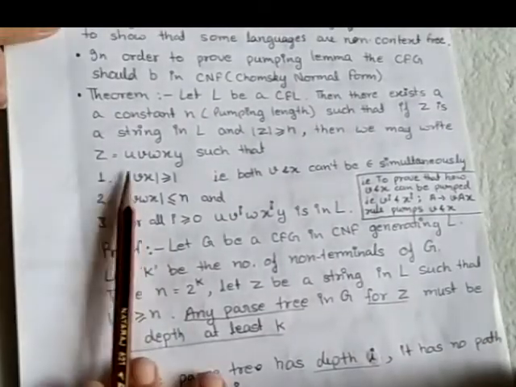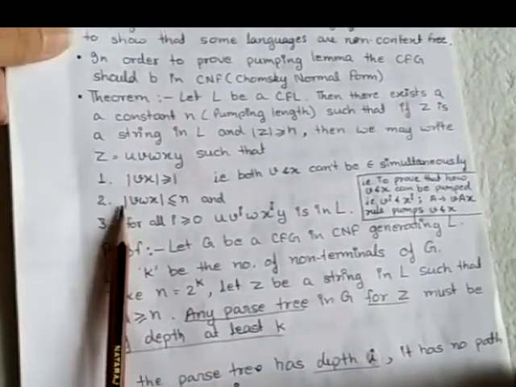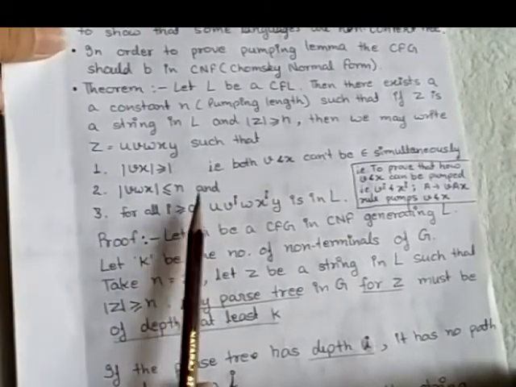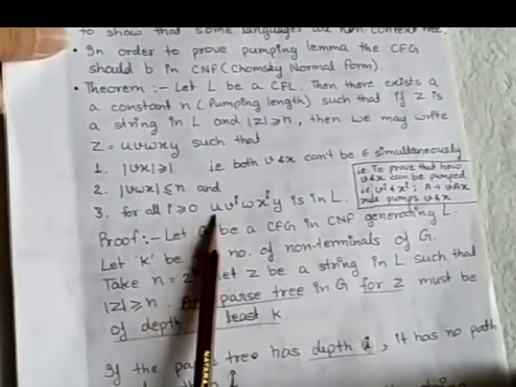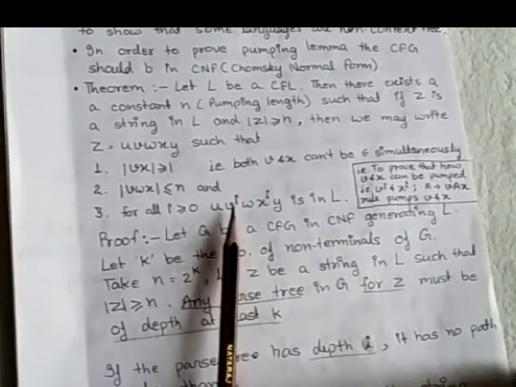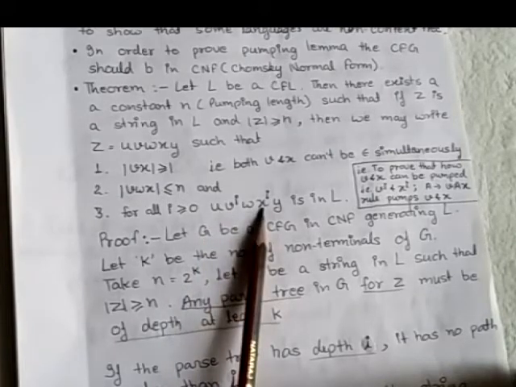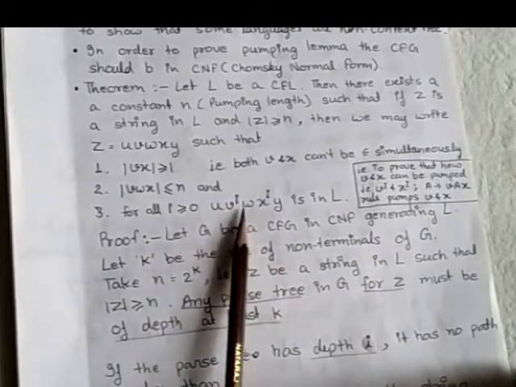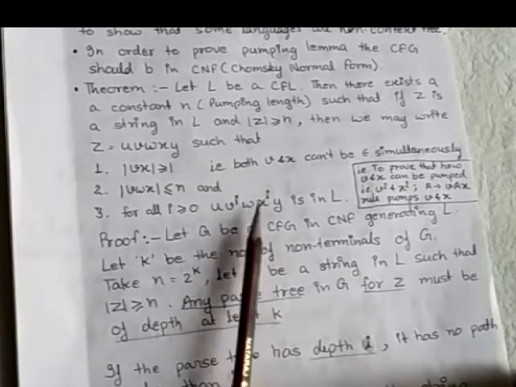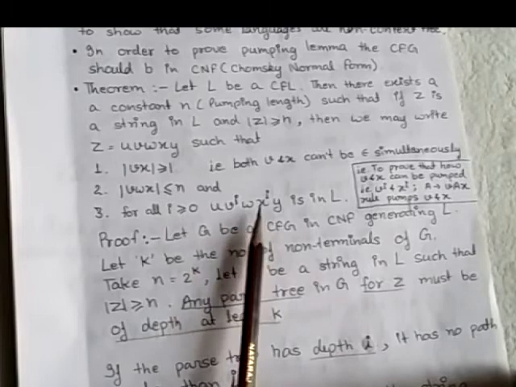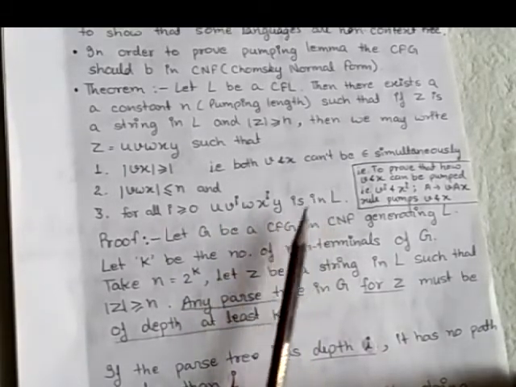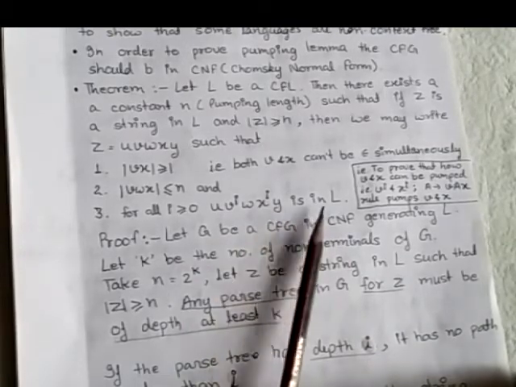And if these are the conditions, then for all i greater than or equal to 0, if we pump the portions V and X, meaning if we increase the powers of V and X, and the string is still in the language, that means the language is a context-free language.